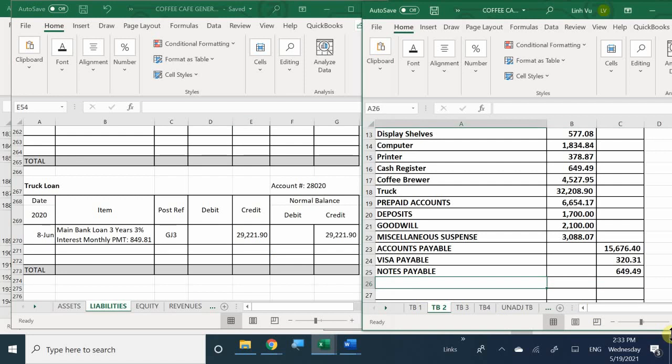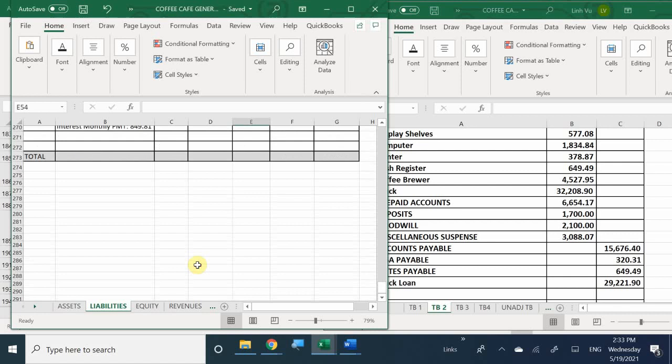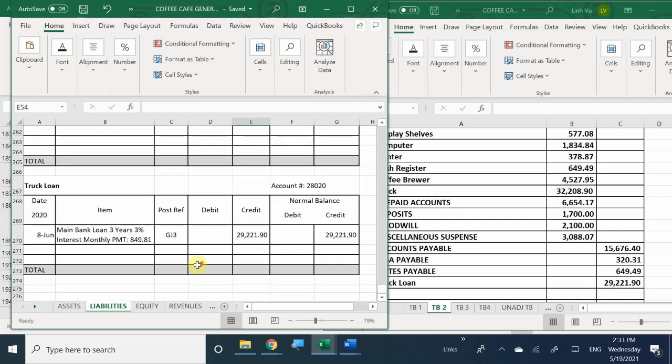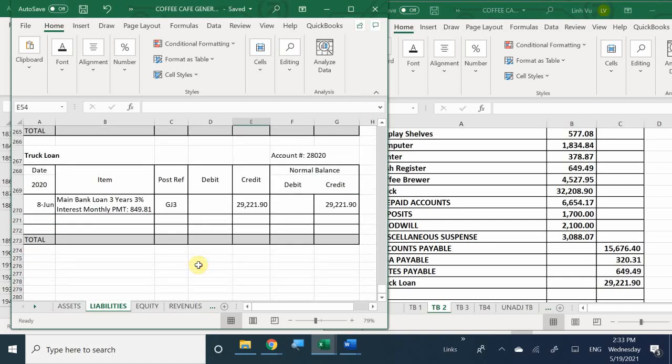We have a truck loan in the amount of $29,221.90. And that's it for all of our liabilities.